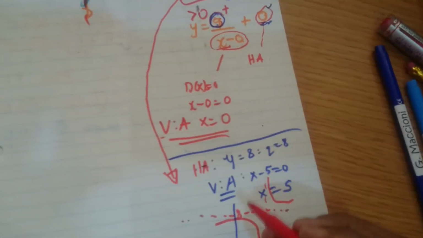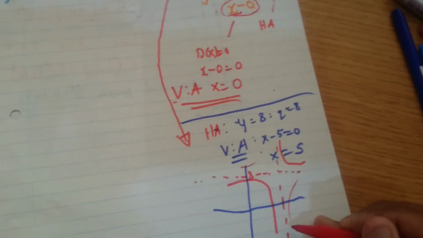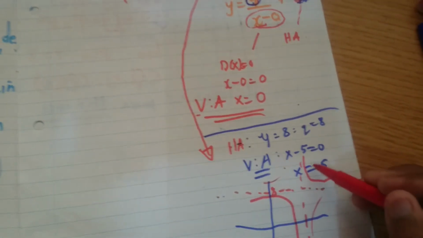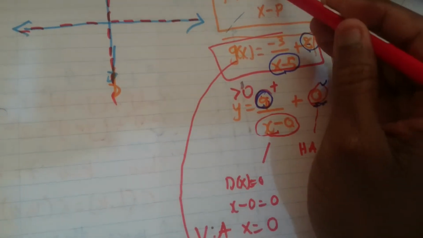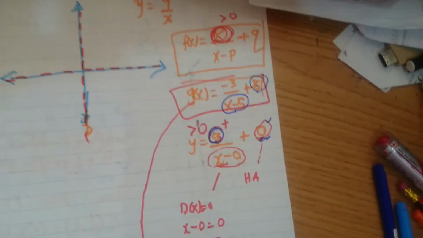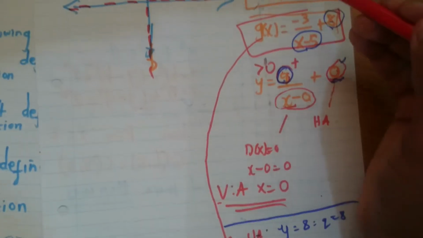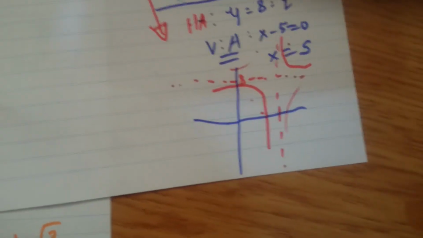You know what I'm saying? But if it's negative, then your graph lies in the second and fourth quadrants. If this k is greater than 0, it lies in the first and third quadrants of your asymptotes, not of your xy plane.